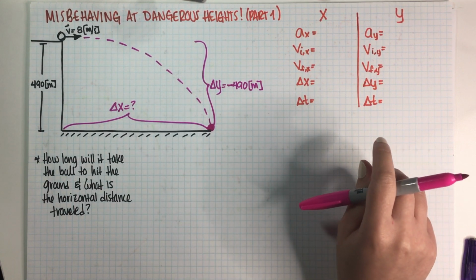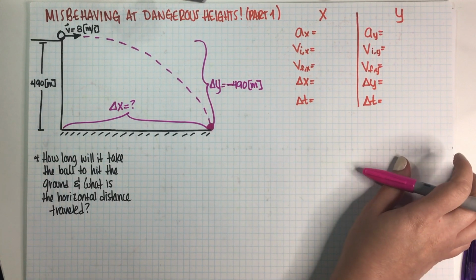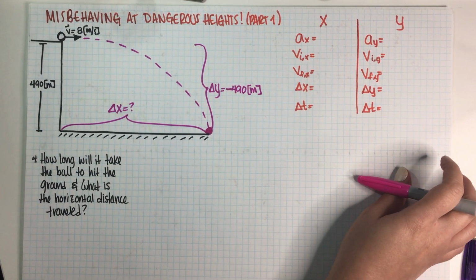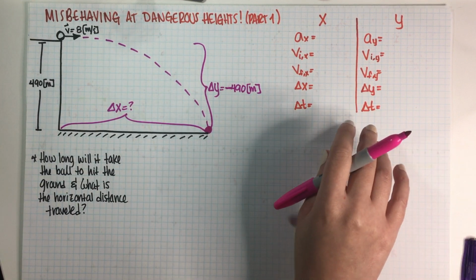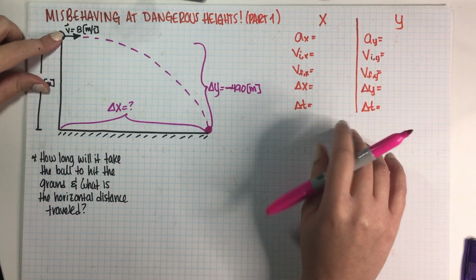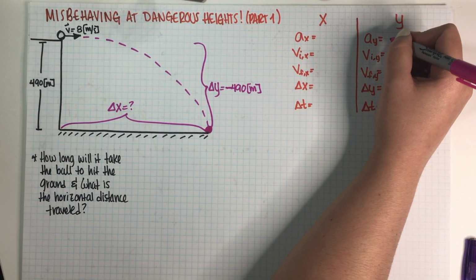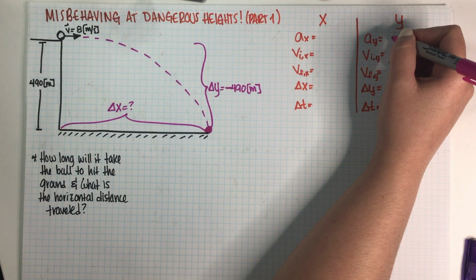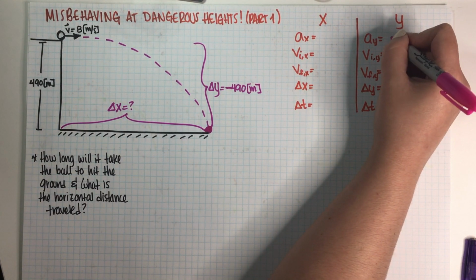So let's just go ahead and start by figuring out what we know. We do know the acceleration on y because the ball is not being pushed in any direction by anybody but gravity once it's being thrown. So acceleration is going to be equal to just gravity, which in this case the problem is being very specific that they want us to use 9.8.